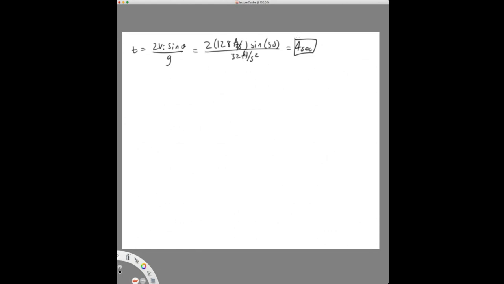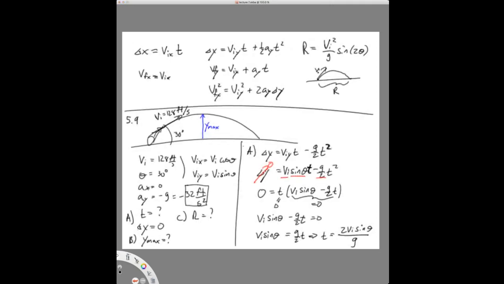Danielle: So when you plugged in the negative 2t squared, can you explain that when you had delta y equals the initial y t minus g over 2 t squared? Why did I put minus g over 2? Yeah. So we have a_y. It should be really plus 1/2 a_y t squared.